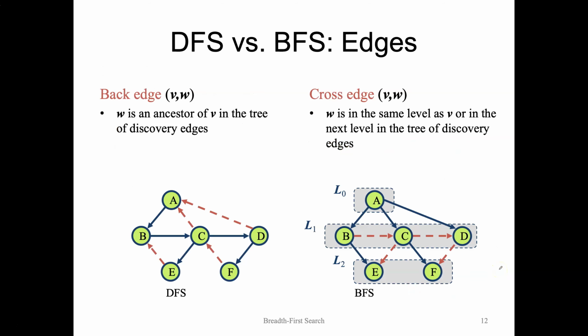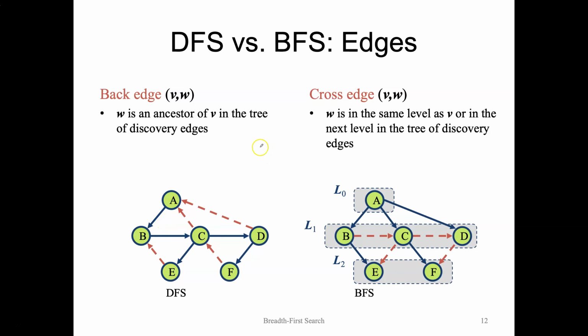Now, why do we call the non-discovery edges differently in depth first search or breadth first search? With depth first search, we call these back edges because in the tree of discovery edges, a back edge indicates that we're going from a vertex to an ancestor of our tree. So a tree of discovery edges would be that tree which is given by only these edges in blue.